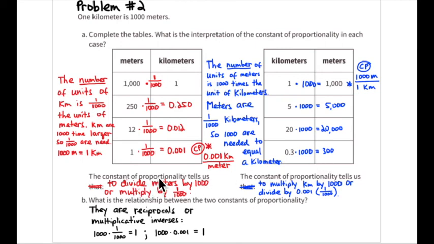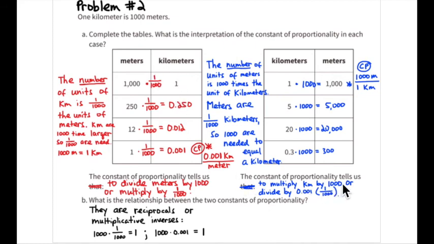So the constant of proportionality tells us to divide the number of meters by 1,000, or multiply by 1/1000th, because you're going to make this number a lot smaller to get to kilometers.